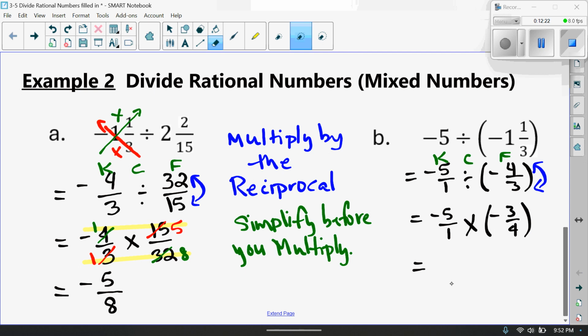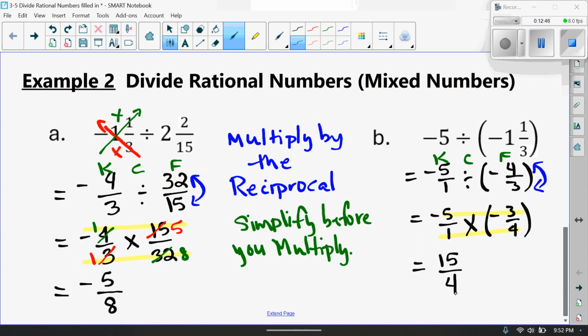So now, we simplify before we multiply if we can, and it looks like we cannot. So now, we multiply straight across. So 5 times 3 is 15, and 1 times 4 is 4.